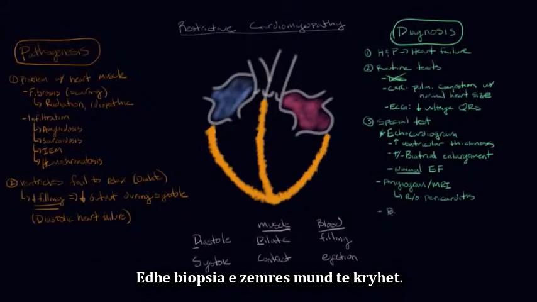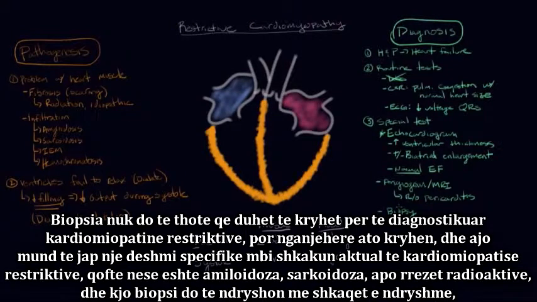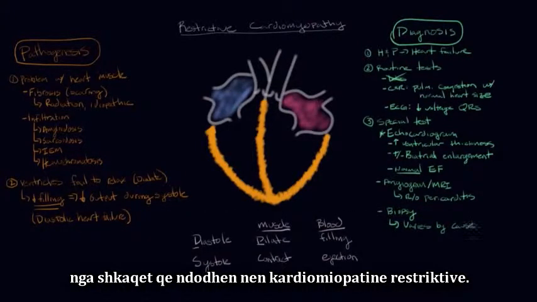Or a cardiac biopsy can be performed. And a biopsy doesn't need to be performed to diagnose restrictive cardiomyopathy, but sometimes they're performed and they can give specific evidence to the actual cause of the restrictive cardiomyopathy, whether it's amyloidosis, sarcoidosis, or radiation. And so this biopsy will vary by the different underlying causes of the restrictive cardiomyopathy.